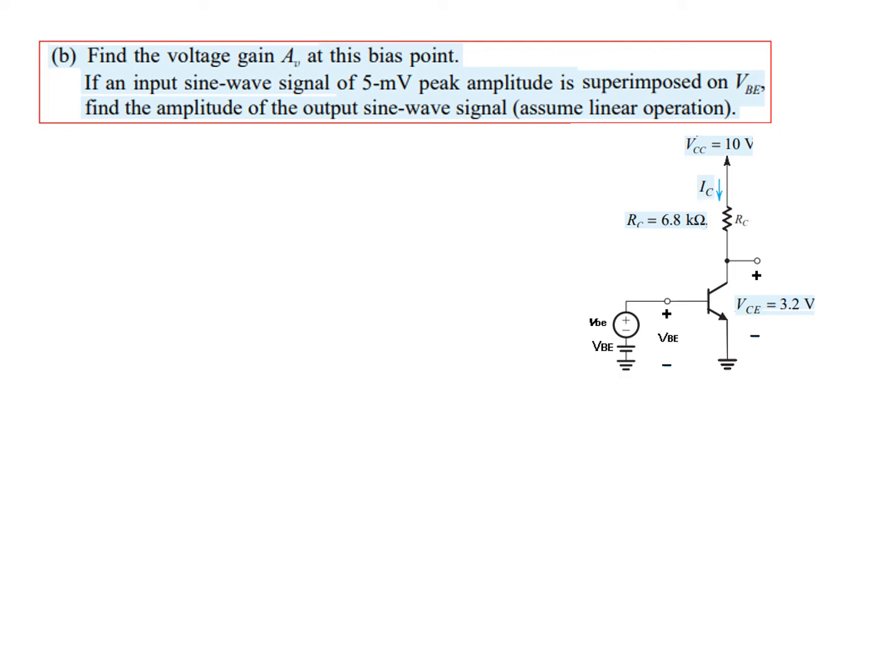Next, part B is to find the voltage gain AV at the bias point. And if an input sine wave of 5 millivolt peak amplitude is superimposed on VBE, find the amplitude of the output sine wave. First of all, let's concentrate on this: find the voltage gain AV.